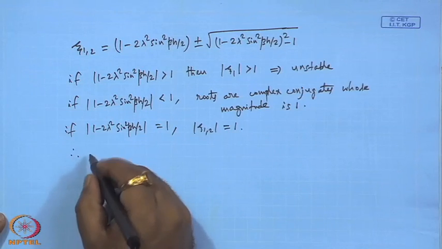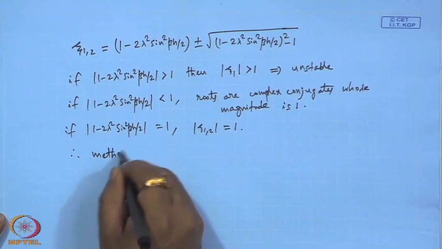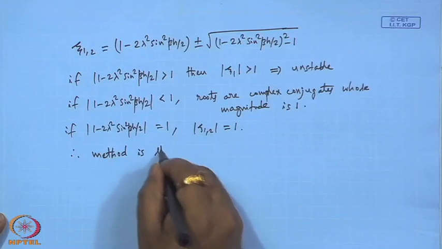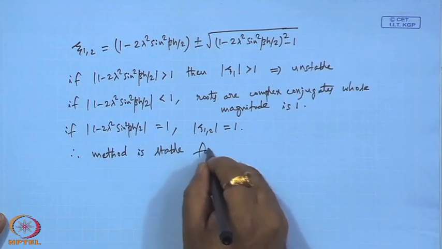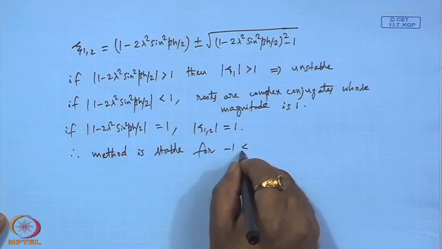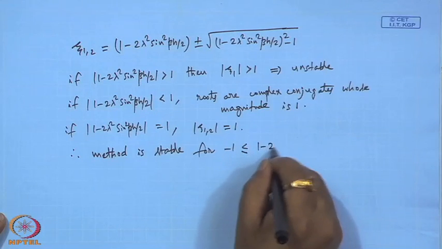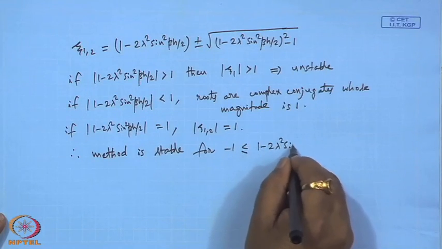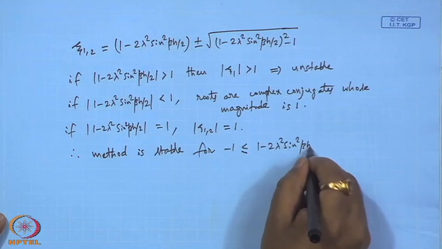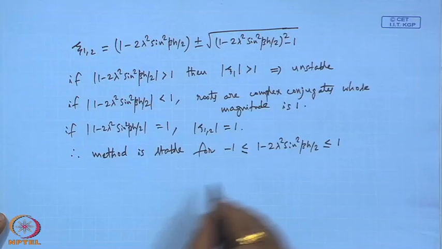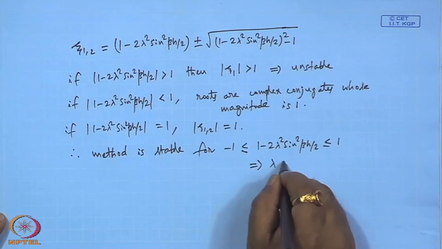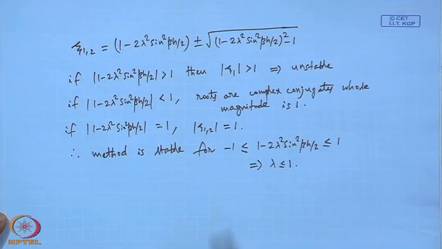So, therefore, yes, you are correct, method is stable for this, so this implies a stability criterion for explicit method.